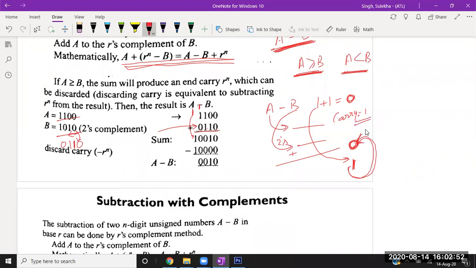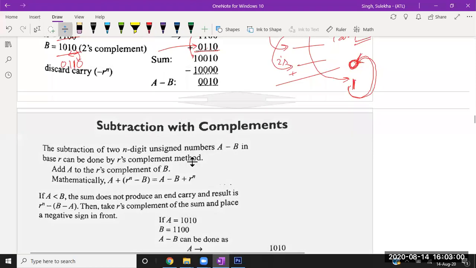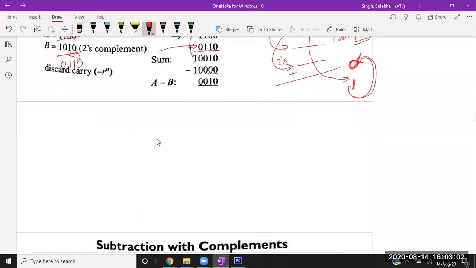This is the same thing we have done in our first class. In the first class, I told you about addition in the decimal number system: 0, 1, 2, 3, 4, 5, 6, 7, 8, 9.